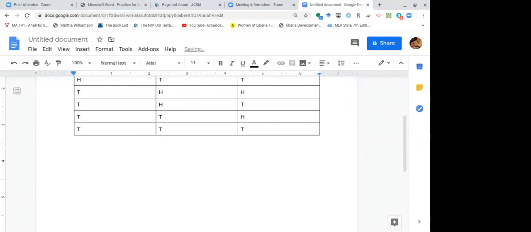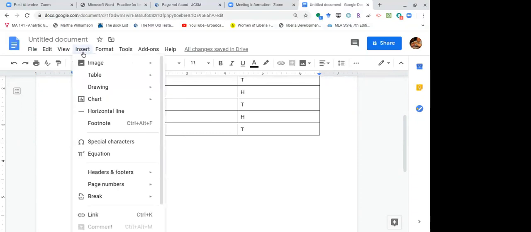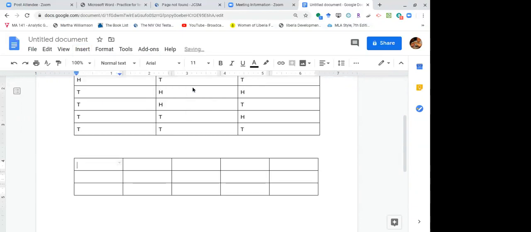I can make a table here and do like X, and P of X, and I do a row above here.